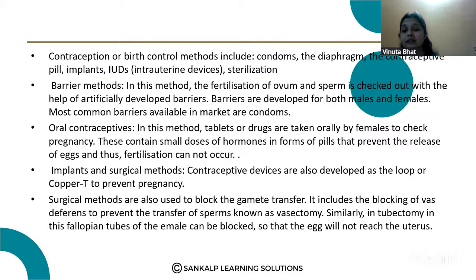And surgical methods where the vas deferens is cut and tied, and the fallopian tube is also cut and tied, so there is no transfer of the sperm and egg. That is called vasectomy and tubectomy. So these are some surgical methods of contraception. Okay.